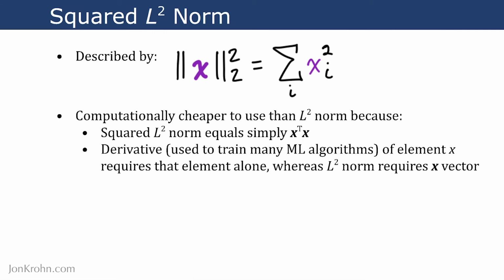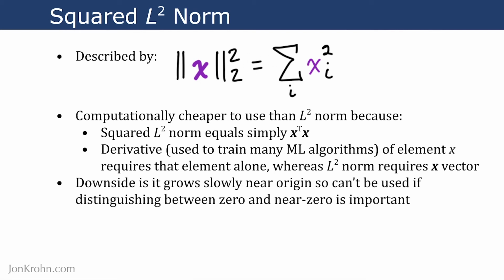And the derivative of the squared L2 norm, and derivatives are used to train many machine learning algorithms, as we'll see later in the Machine Learning Foundations series, the derivative with respect to an element x within our vector x requires that element alone. Whereas to calculate the L2 norm, that requires us to have information about the entire vector, about all the elements in the vector.